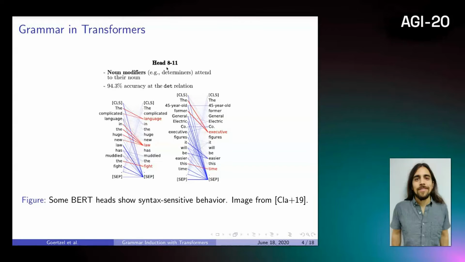In this case, this head is paying attention to noun modifiers. So the words that modify a noun pay attention to the noun. We see here that 'complicated' pays attention to 'language', and 'huge' and 'new' pay attention to 'law', etc. So it works fine for these examples.